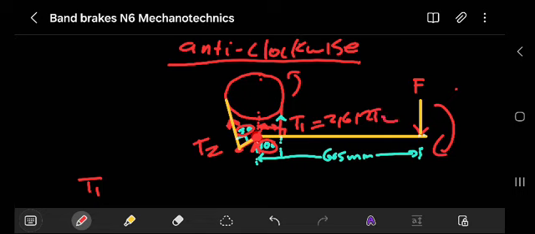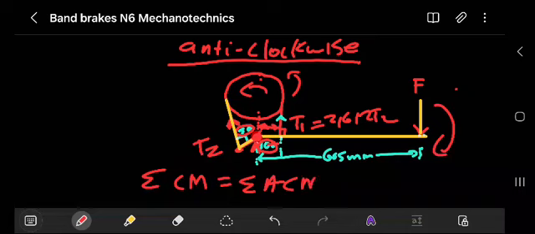So if it's rotating like that, this will simply cause T1 multiplied by this distance there, of 100, which is 0,1. Right, you can write sum of clockwise moment equal to the sum of anti-clockwise moment.